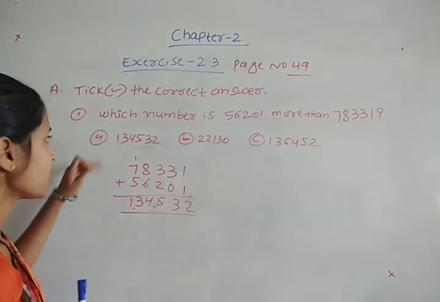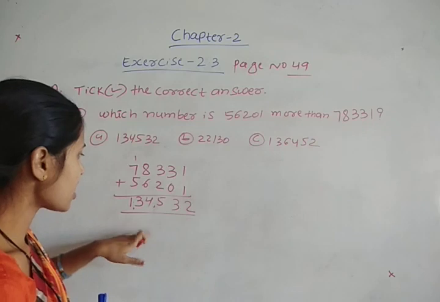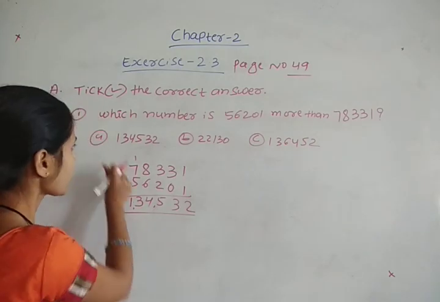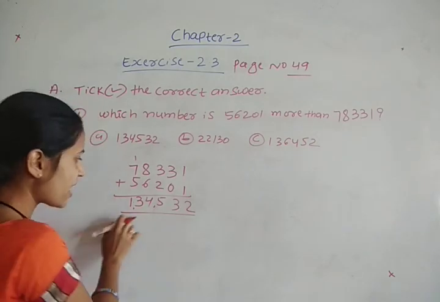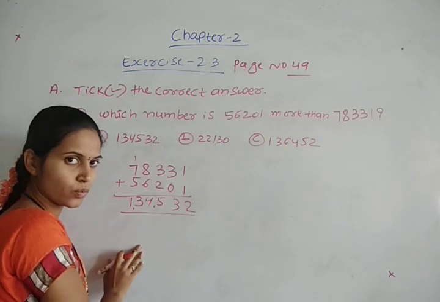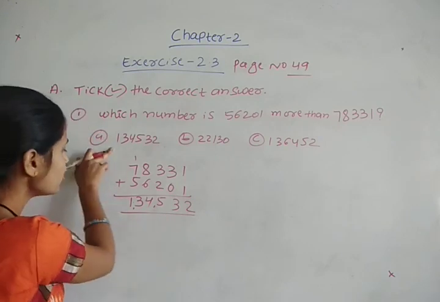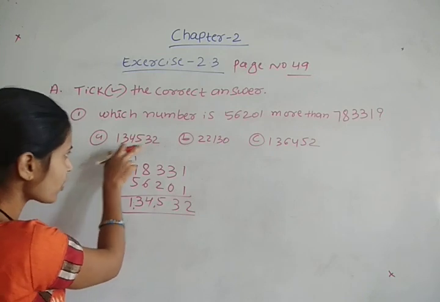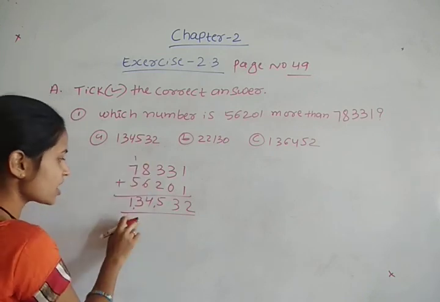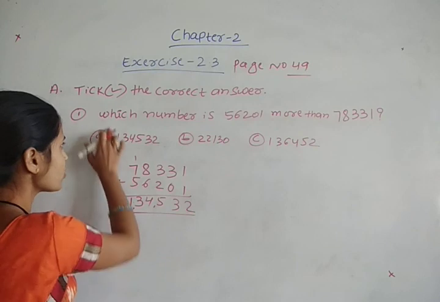So check whether in these three options you have this answer or not. It is 1,34,532. It is the answer we have got. Now in the first option we have 1,34,532. So this answer is matching the first option.